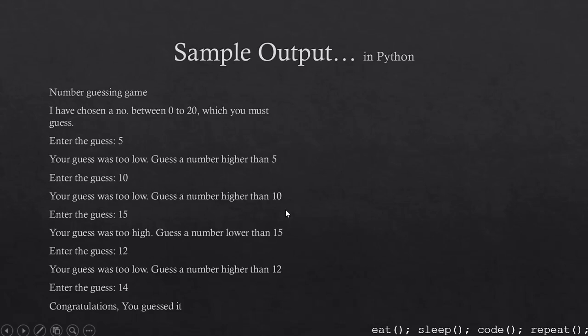Also we're going to have 5 chances. One more condition can be: if the number is greater than 20, then it must say, I said the number between 0 and 20, it's not that, enter the number. That will also count as a chance. Okay, so this is it.